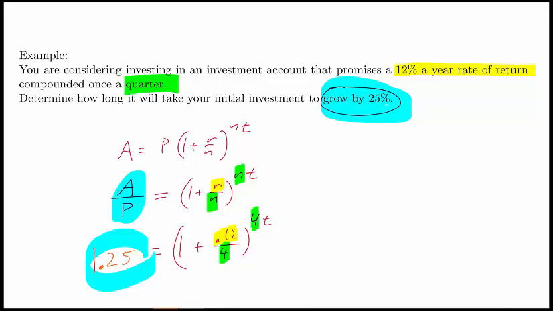Okay, so let's go ahead and simplify everything that we have down. And so we have 1.25 equals 1.03 raised to the 4t. Now what do we do from here? We have to take a logarithm. So we'll take log base 10, the common log.